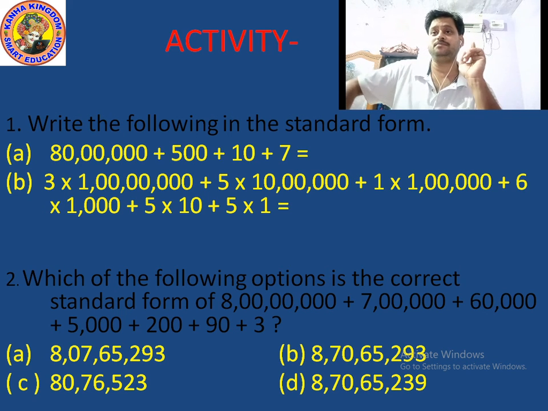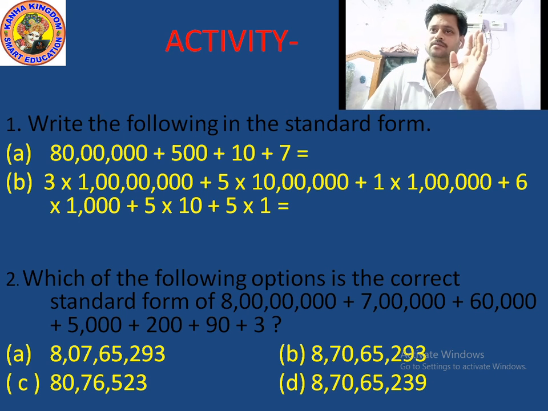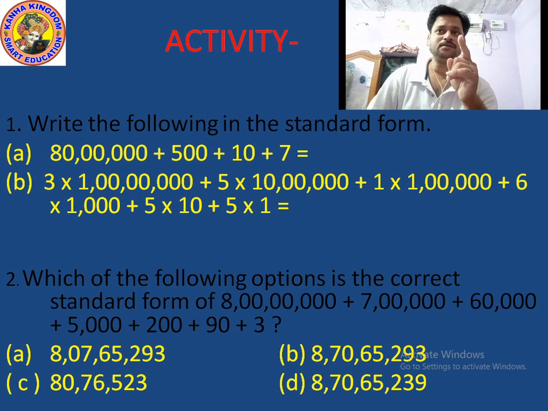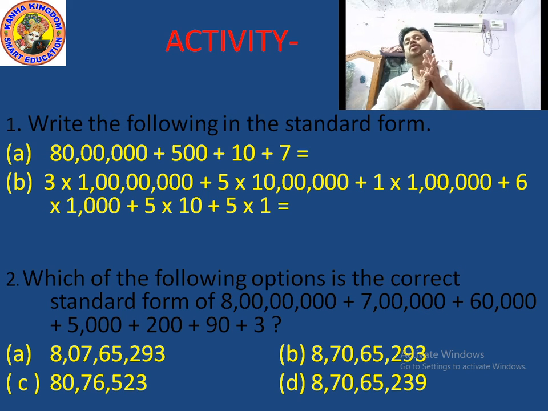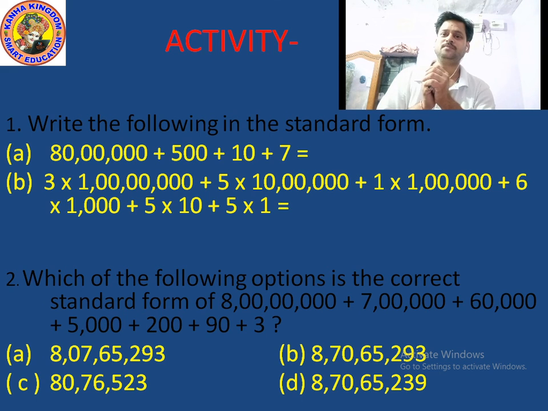So do it in a very easy way. And whichever place is missing, you just put 0 in that place value, and you all understand which one is the correct answer. Okay, so do it in a very easy way. Okay students.